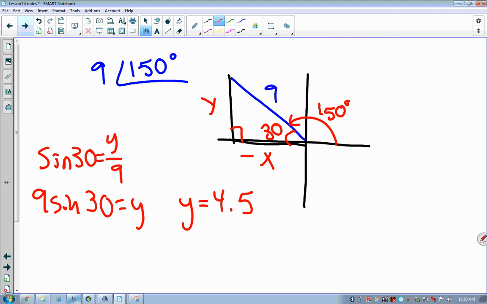All right, and you're going to do the same thing with cosine, and it'll end up coming out to negative 9 radical 3 over 2. Those are going to be your x and y coordinates. All right, not enough time, but hopefully you guys got something out of it.